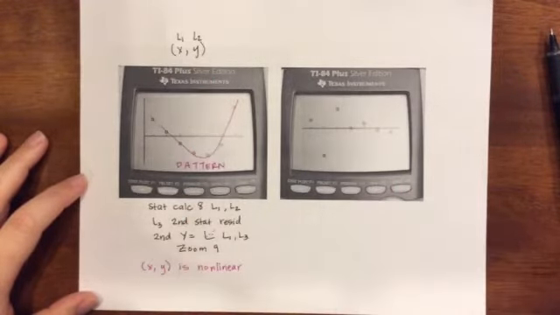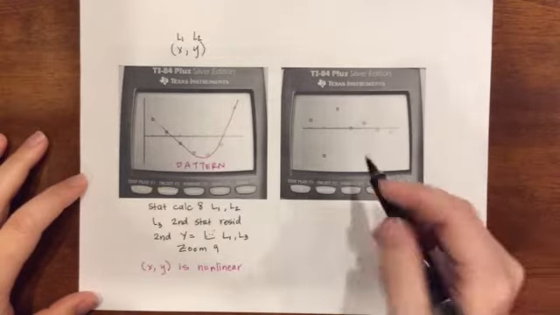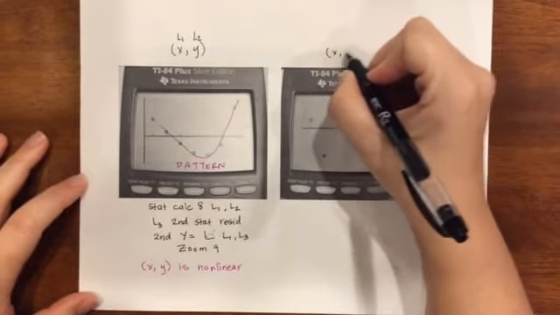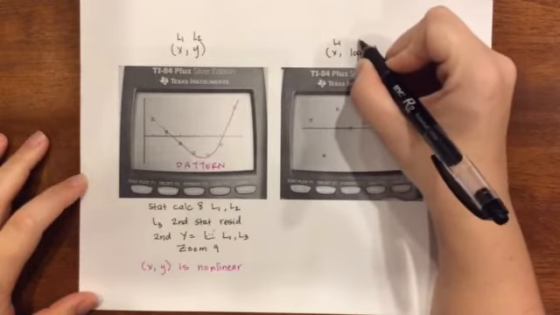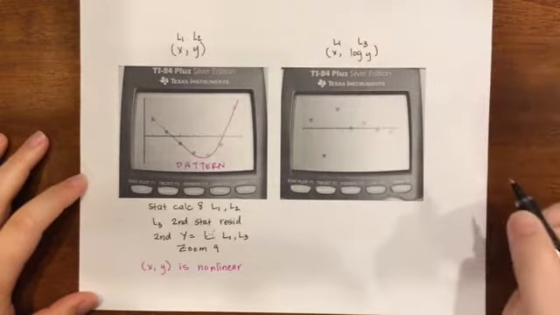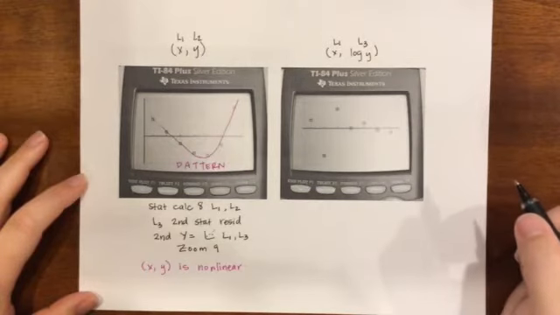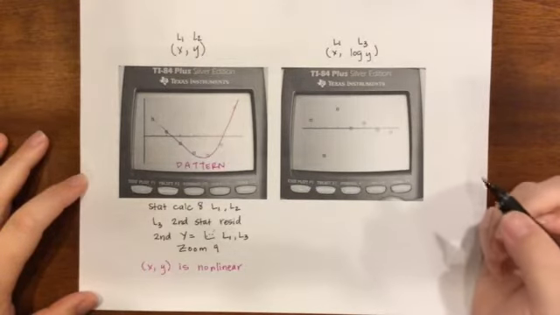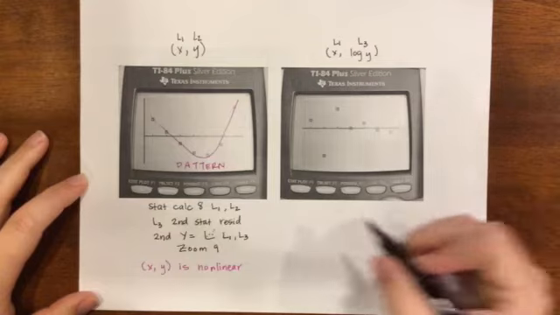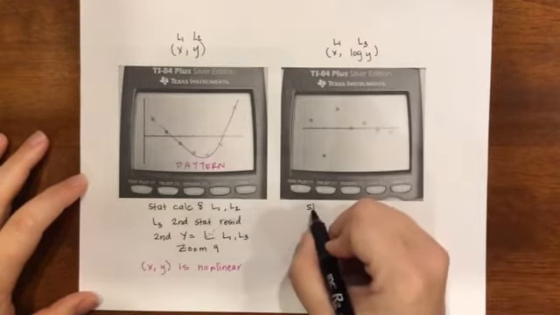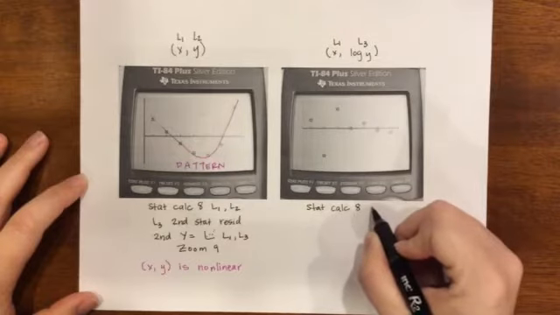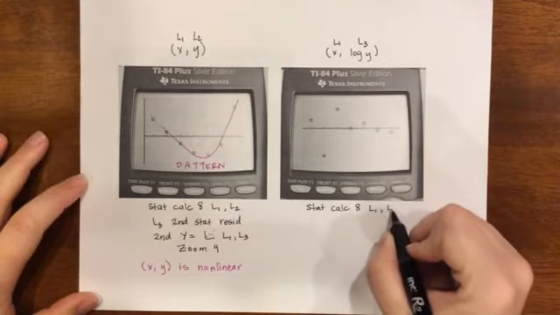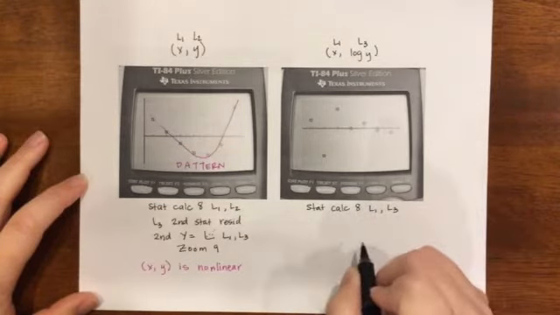So what I did over here is I did the same thing, but now I tried x comma log y. So I put x in list 1, and then I went to list 3, and I typed in the log of y, but y is in list 2. So really I did the log of list 2, and I'll show you how to do that in just a second. Then I did stat, calc, 8, but now I'm going to do it for my new variables, list 1 and list 3, x and log y.